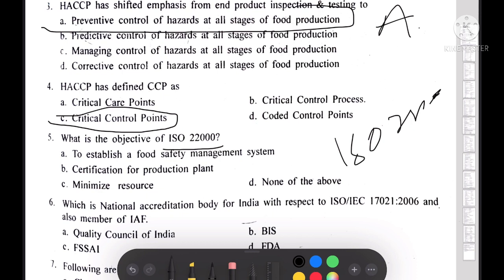Becoming certified to ISO 22000 allows a company to show their customers that they have a food safety management system in place. The options are: A, to establish a food safety management system; B, certification for production plant; C, minimize resource; and D, none of the above. The correct answer is to establish a food safety management system.